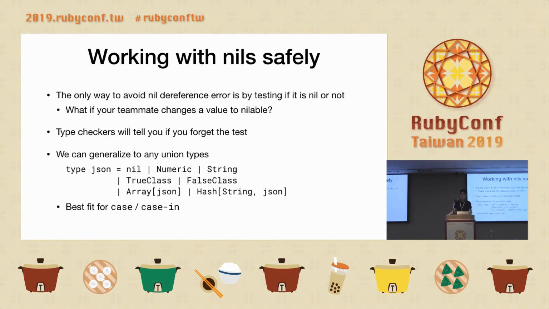So there are seven cases for the type of a JSON value, and you have to carefully construct the type analysis. So type checking should be the best fit for case or nil case in constructing Ruby.